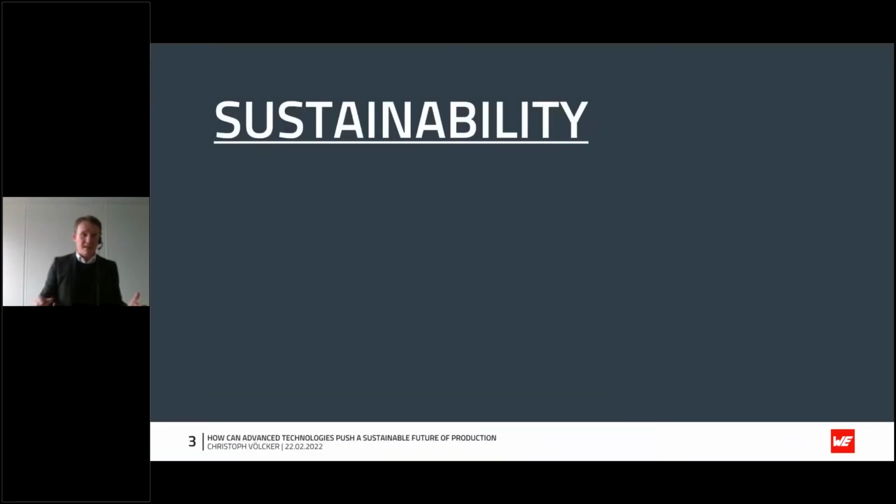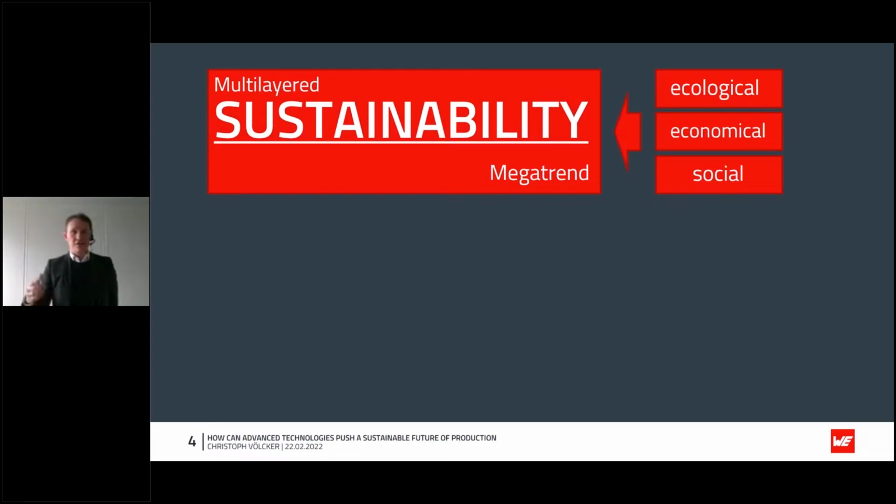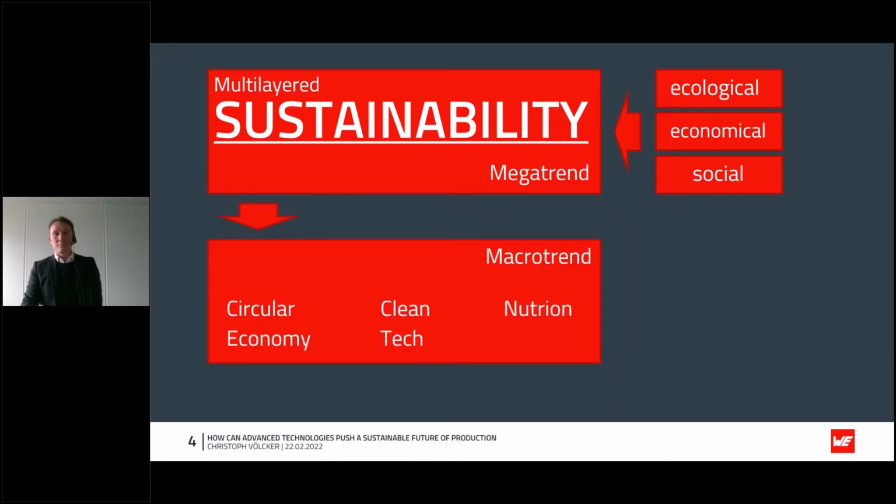Sustainability, as I mentioned already, is a mega trend, but not marketing-wise. It's a real huge topic. If you look at this, it is multi-layered. We can talk about sustainability in the way of ecological, economical, and social topics. If you go in a deep dive for that, we will have macro trends.